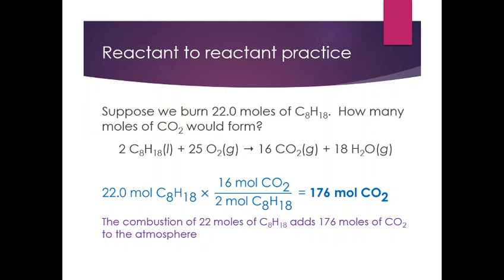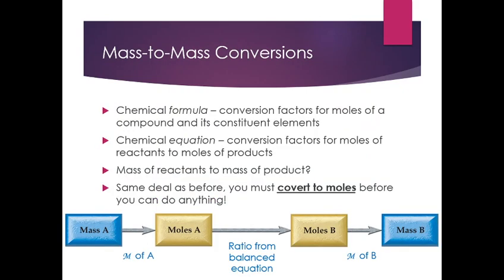When we talk about this relationship, I've gone from moles of reactant to moles of product. You can also go from moles of reactant to moles of whatever you're looking for. In the long run, chemical formulas tell you the conversion between each of the constituent atoms.